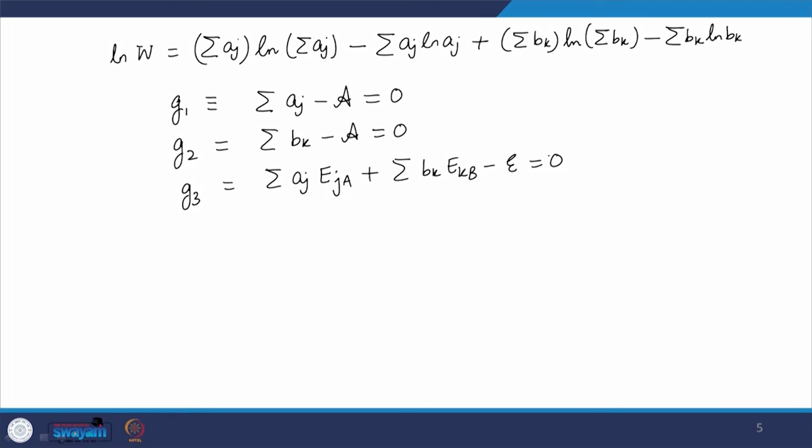So, now if I do the minimization, it has to be done with both A j and B k variables. However, keep in mind that the constraints that are there are defined for both the variables together, right.